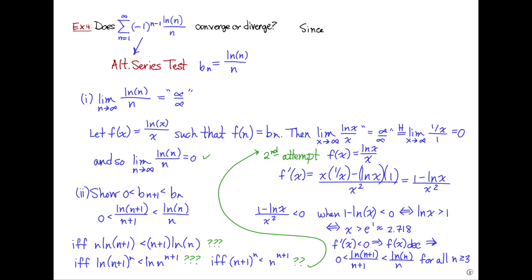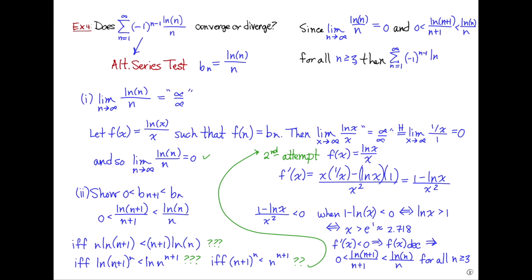Since the limit as n approaches infinity of the natural log of n over n is equal to 0, and 0 is less than the natural log of n plus 1 over n plus 1, which is less than the natural log of n over n for all n greater than or equal to 3, then the sum from 1 to infinity of negative 1 to the n minus 1 times the natural log of n over n converges by the alternating series test.